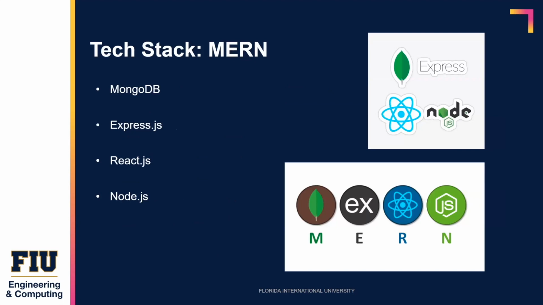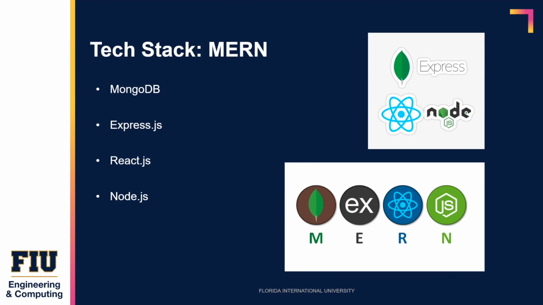To develop this web app, we use the MERN stack. In MERN, the M is for MongoDB, a non-SQL database that stores data in a JSON-like format. It is very flexible and scalable. The E is for Express, a lightweight and flexible web application framework for Node.js.